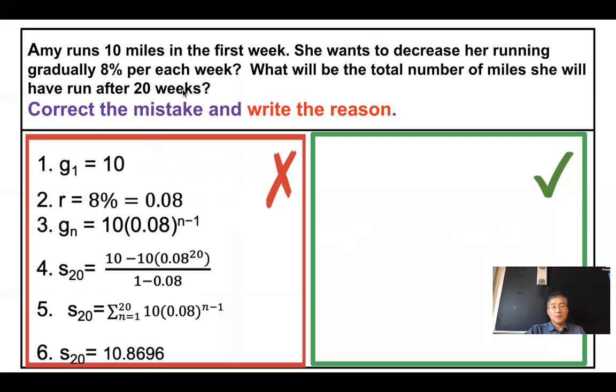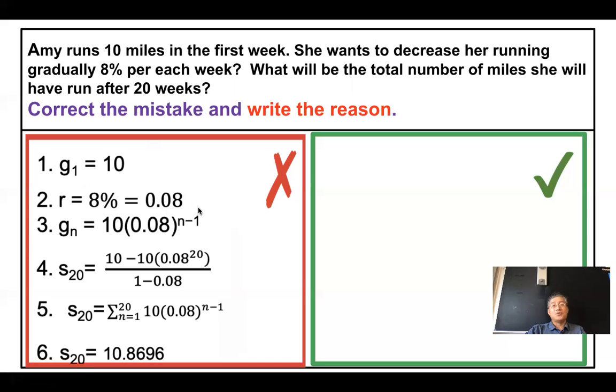So g1, the first term, is 10 miles. And then r is 8%. The common ratio is 0.08. Isn't something wrong here? Oh, this is wrong. This is a percentage, right? Increasing or decreasing? Decreasing. What should you do to get the r?